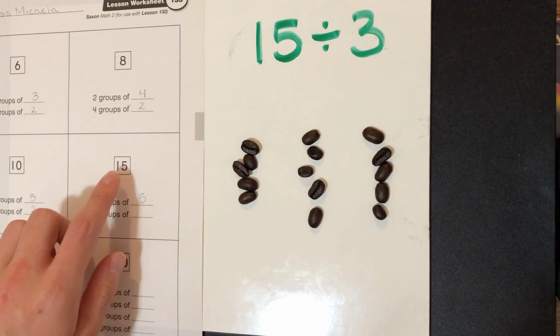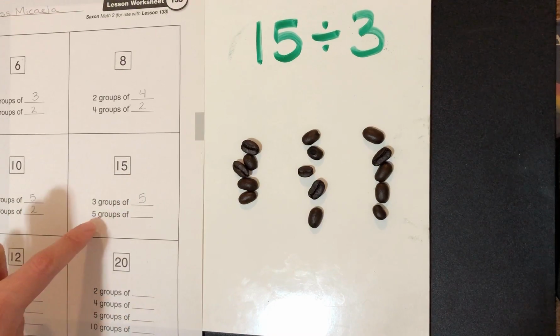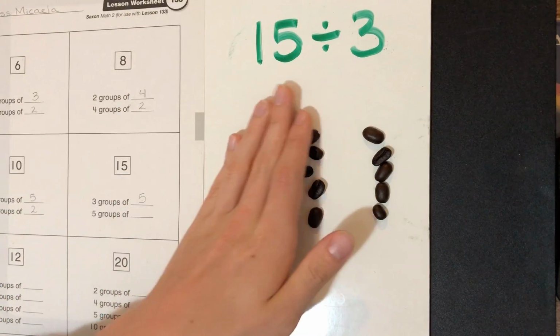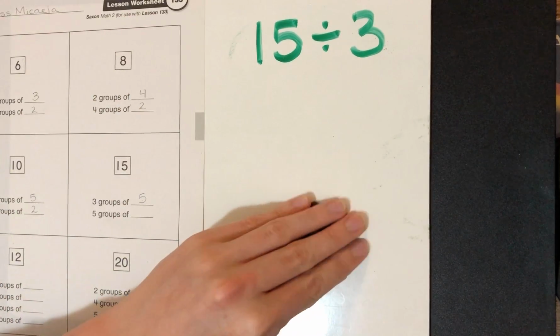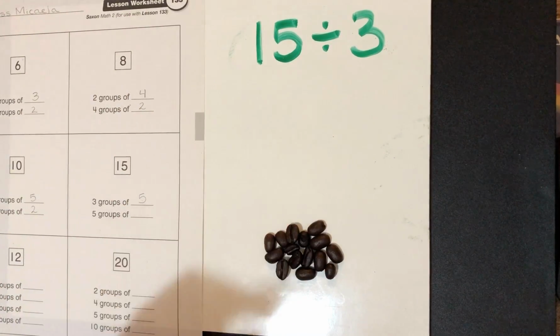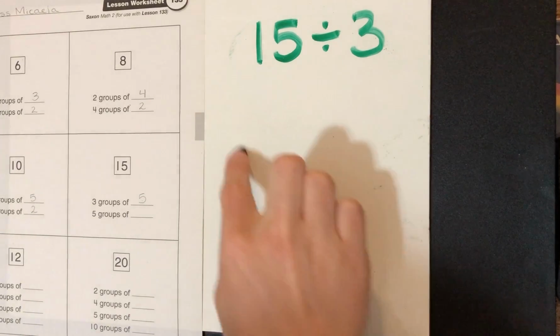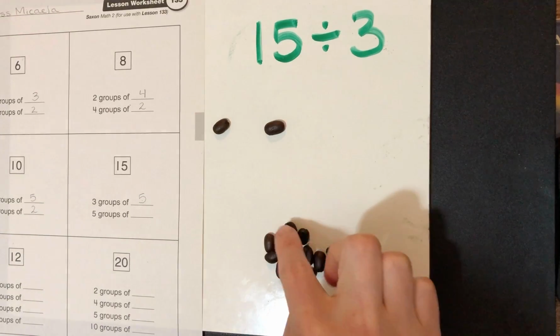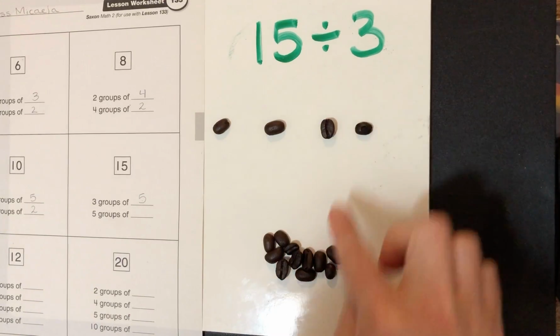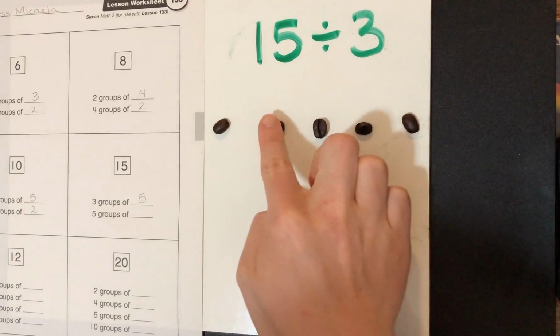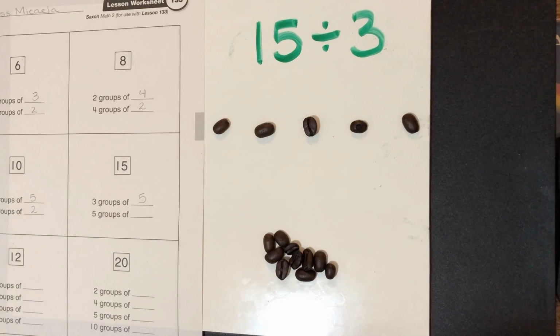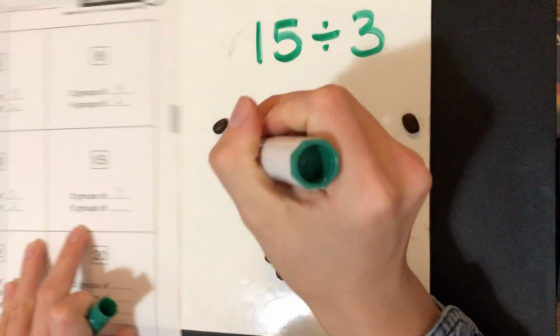Okay, so now I have 15 still. So we're going to do it into 5 groups this time. So we're going to do the counting method again so you guys can see that just in case you need to use that method. So we have 1, 2, 3, 4, 5. So I just counted out each one to its separate group. I'll draw some lines in between so you can see that.